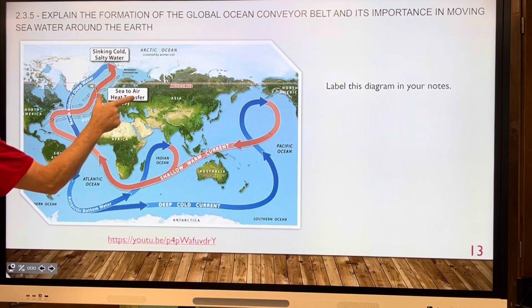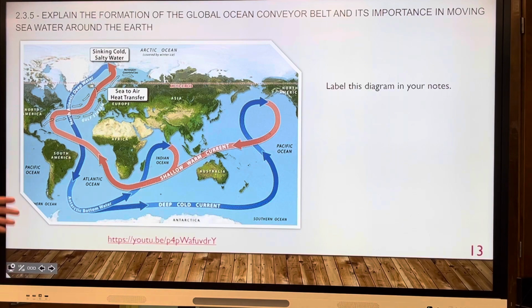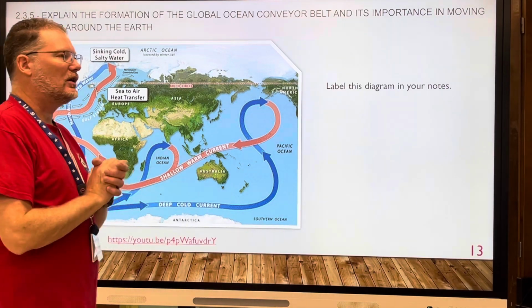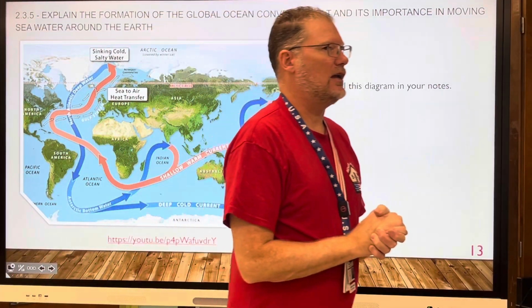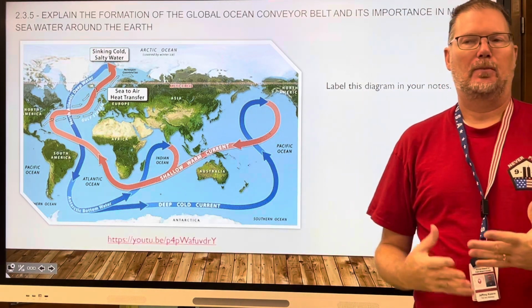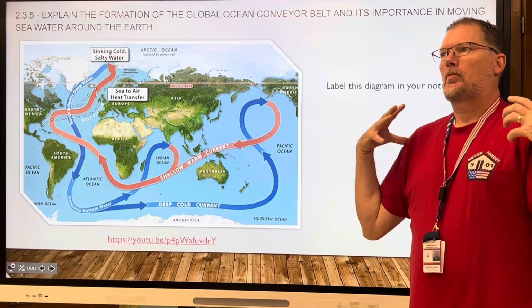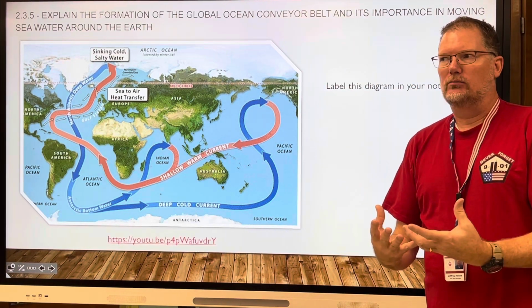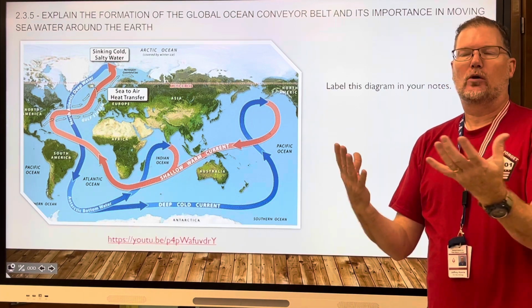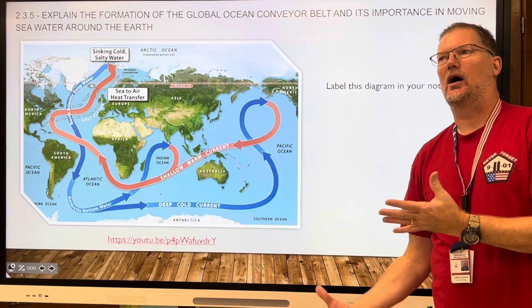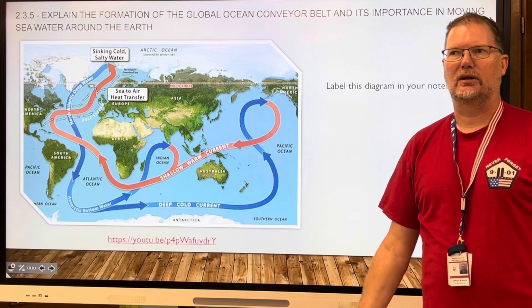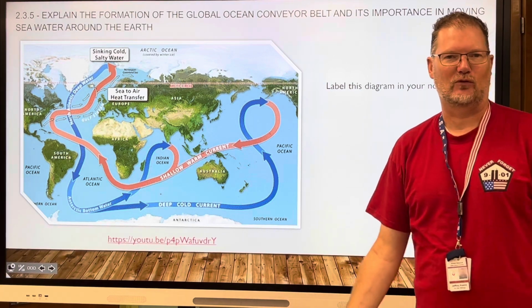Heat transfer. If this did not happen, our climate could change drastically, like major warming or major cooling, depending upon what scientists you talk to and what information you look at.